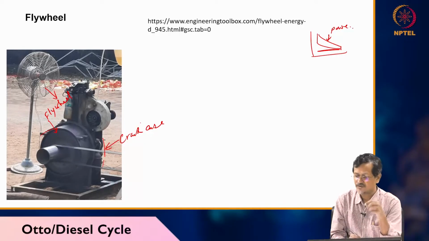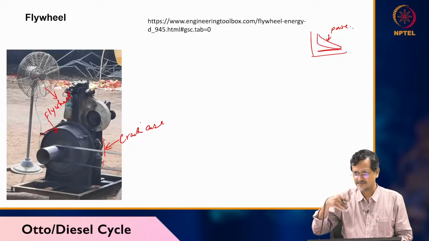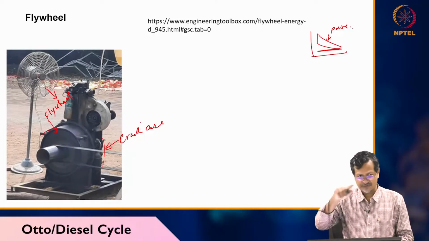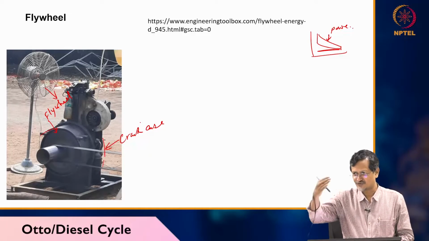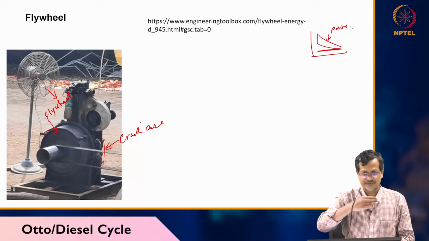So how will you get smooth power for your application, maybe your car, bike, truck, train? You need continuous smooth power, right? Your car should not move, then stop, then move. You need a smooth riding experience.